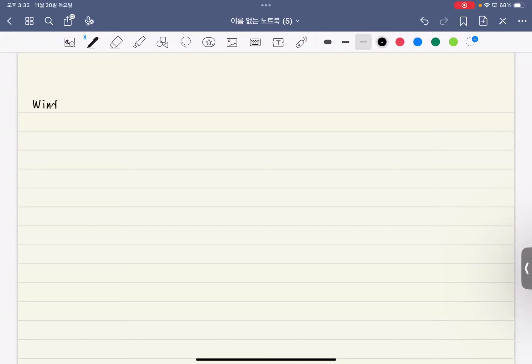Okay, so today we're going to talk about winding numbers. Suppose you have a function f of z.